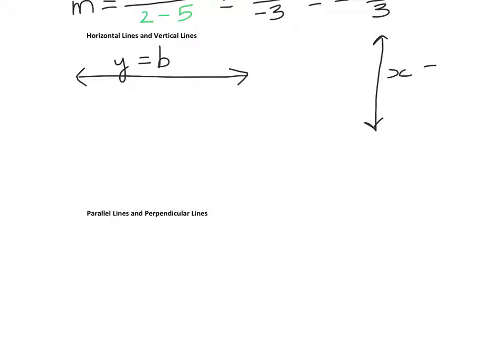A vertical line is x is equal to some constant, like negative 2. If we consider the slope, we know it's the vertical change over the horizontal change, so change in y over change in x.